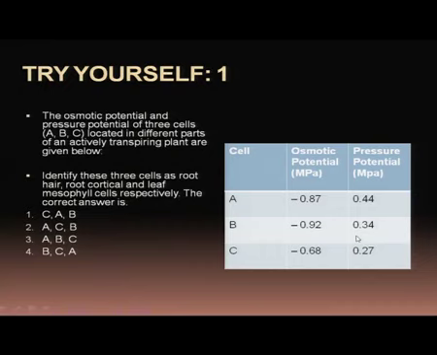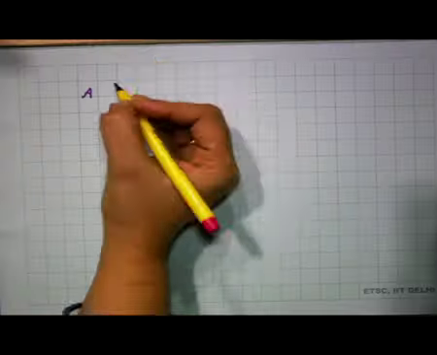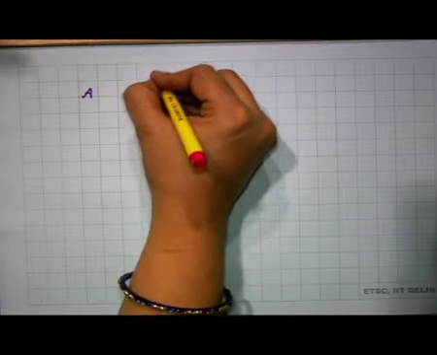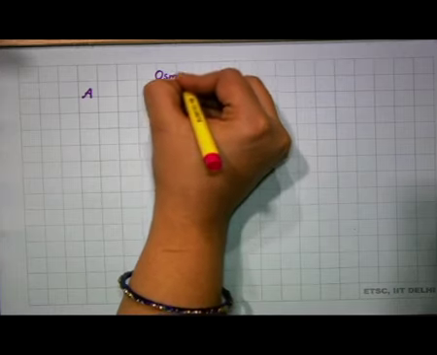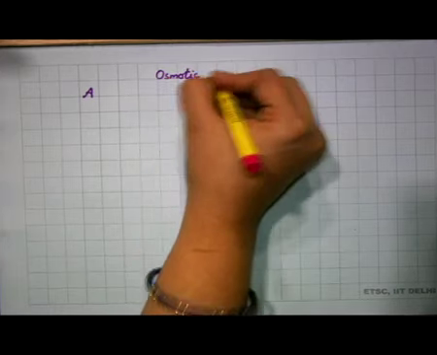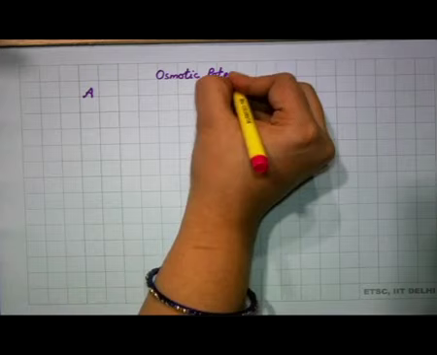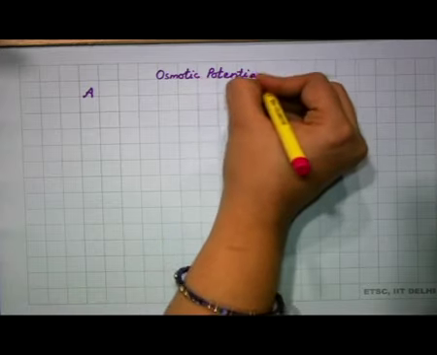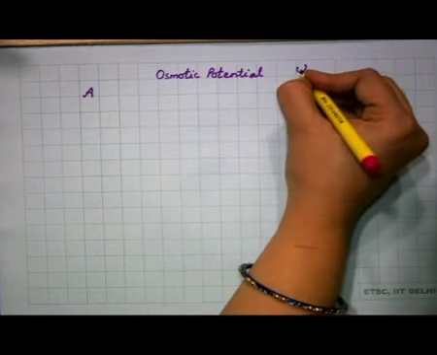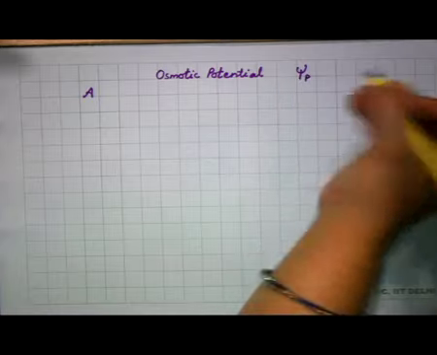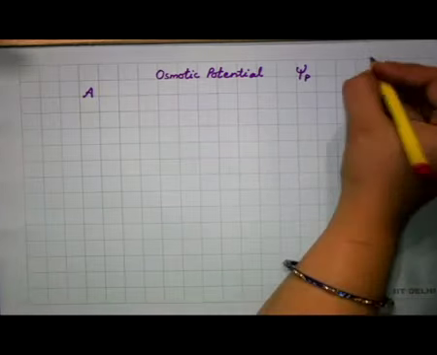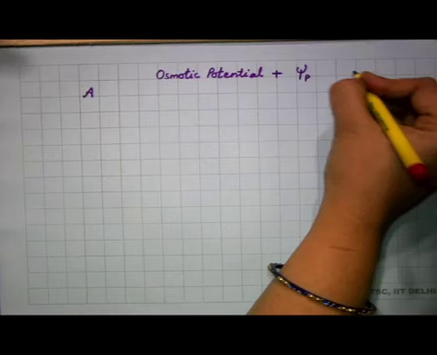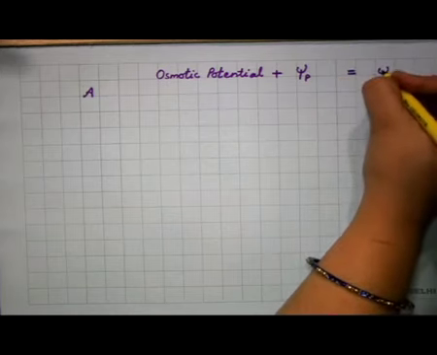So, let us begin by calculating the water potential. So, for cell A, where osmotic potential, I will first make a table, and pressure potential I can write it like this with the help of symbol only, and we know that sum of these is equal to the total potential.